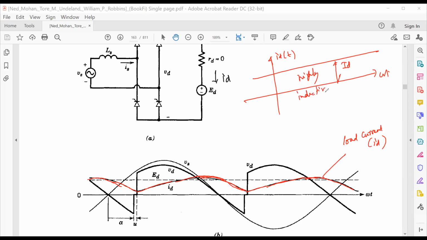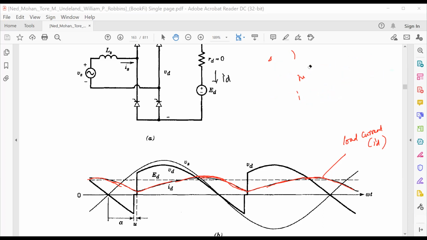But for this DC motor, we see that the current is not constant, rather it is fluctuating. So then we want to study the finer aspects of this phenomenon.